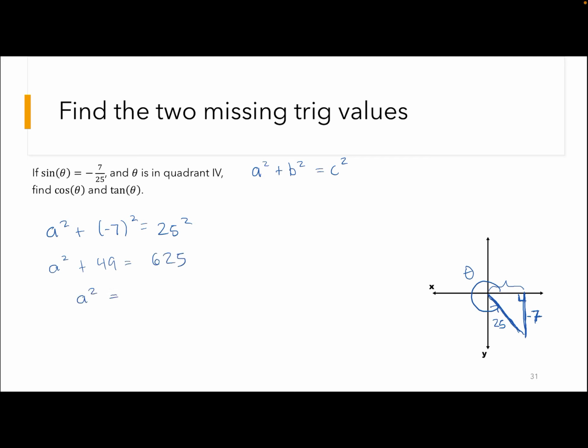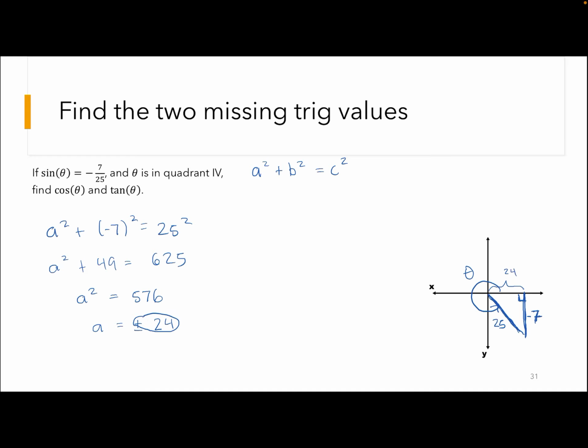We get a squared equals 576, and you take the square root of both sides. So a equals plus and minus 24, because the square root of 576 is 24. We would use the negative if we were in quadrant 3, because the cosine value would be negative. But since cosine is positive in quadrant 4, we're going to use positive 24. So we know this length is 24.